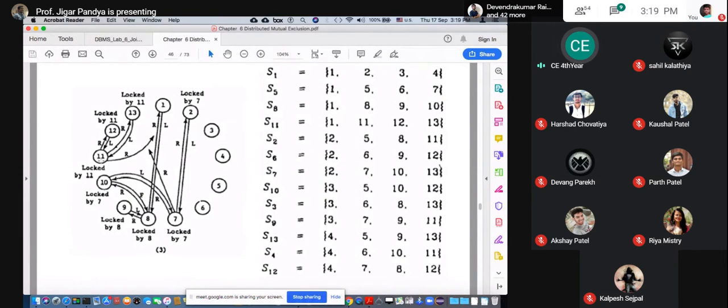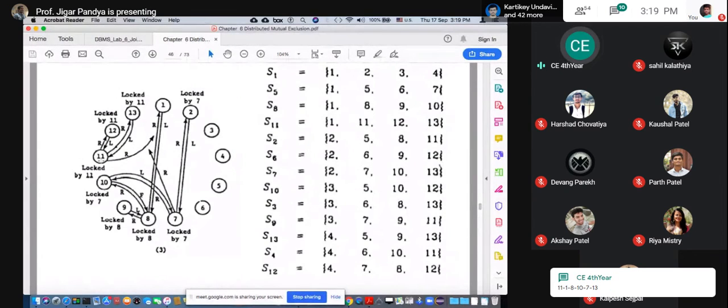So 11 is not able to go ahead because it is waiting on 1, right? But 1 will be released only when 8 gets a go, right? But 8 will be released only when 10 gets its release back. But then 10 will be clear when it will actually have release from 7, and 7 is actually waiting on 13. 7 is actually waiting on 13. So there are two actually sets of things.